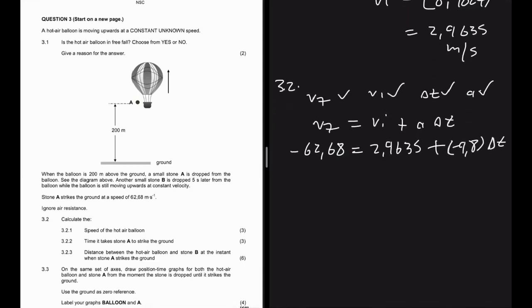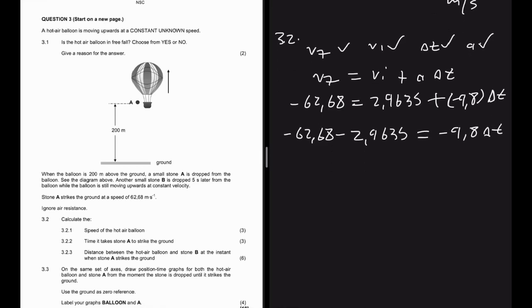So we're gonna say minus 62.68 minus 2.9635 equals minus 9.8 delta T. Divide both sides by 9.8, we get delta T equals minus 62.68 minus 2.9635, everything divided by minus 9.8.